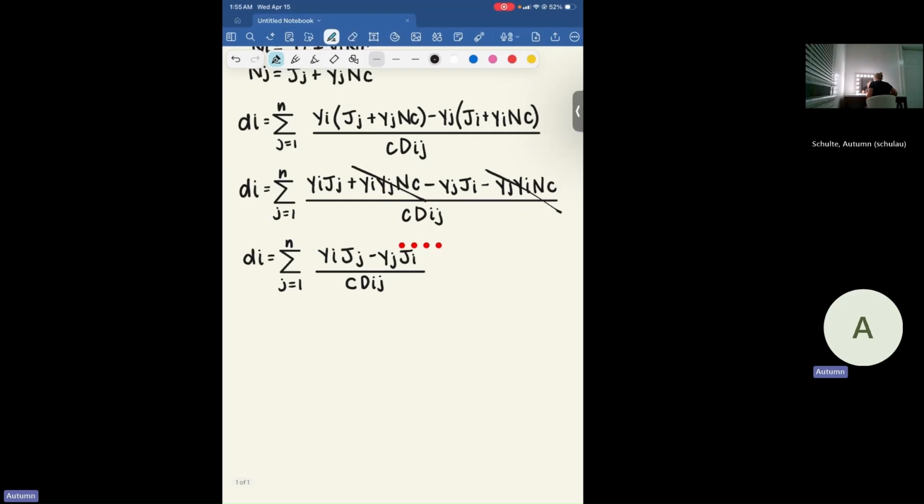We just related our Stefan-Maxwell equation using component velocities to our Stefan-Maxwell equation using molar diffusive fluxes.